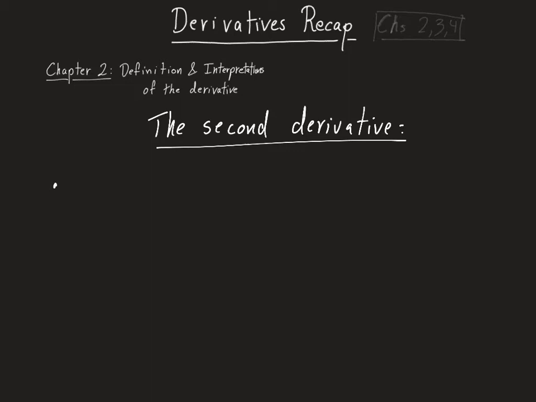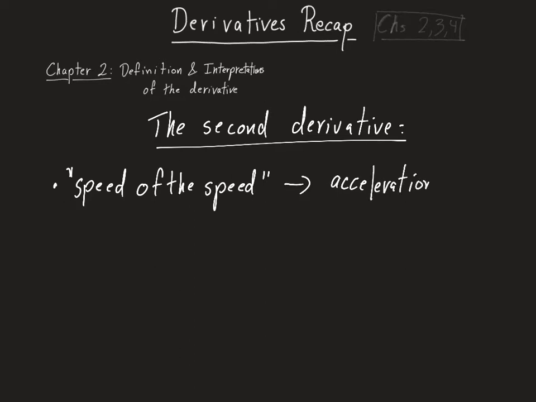From a very simple perspective, if the second derivative is the derivative of the derivative, then you can think about it as the speed of the speed. In other words, the second derivative tells you the acceleration of a function.